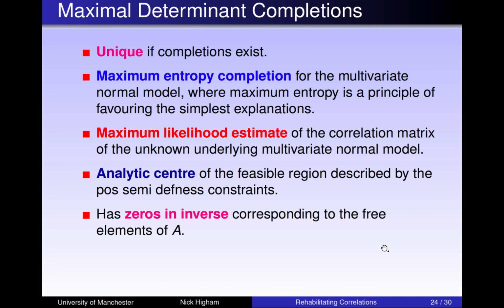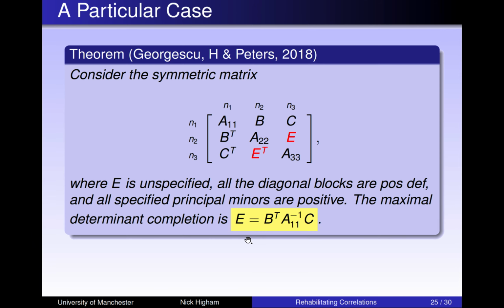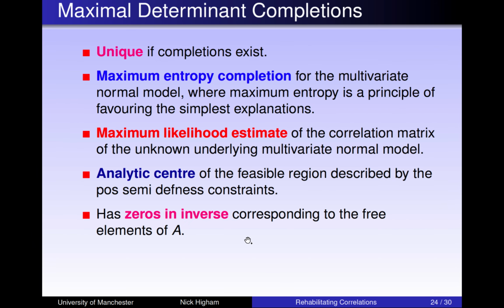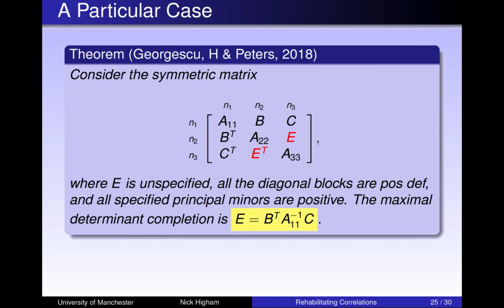And then the last one's a rather different flavor. This last one says that if you look at the inverse of the completed matrix, it will have zeros where the original matrix had the unknowns. So I'll give you an example of that in a moment. So lots of good reasons for going for this particular completion.